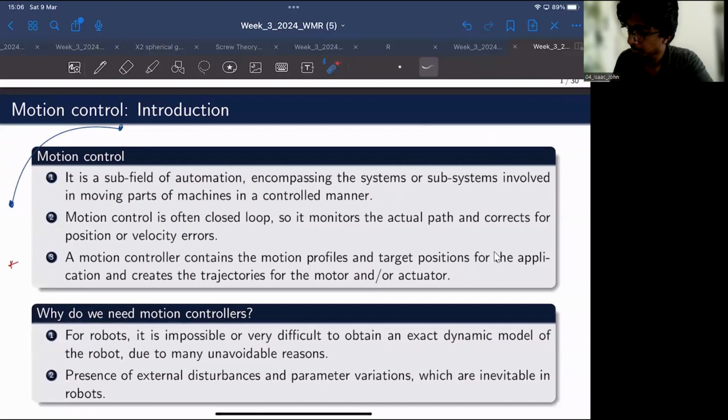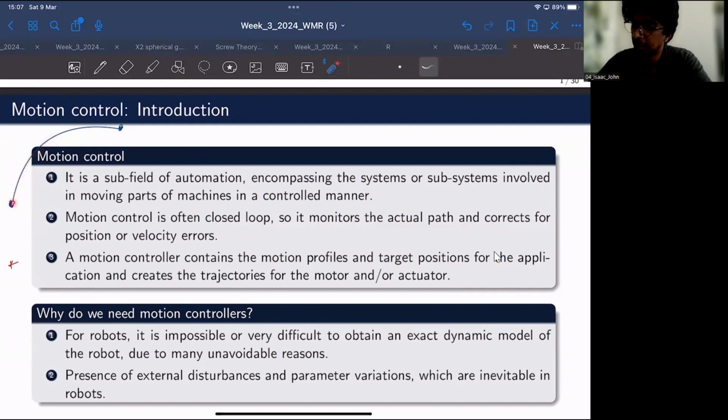Point three states that a motion controller contains the motion profiles and target positions for the application and creates the trajectories for motors and/or actuators. A motion profile is something that defines a trajectory. It comprises the start position, the goal position, the initial velocities and accelerations, and the final velocities and accelerations.